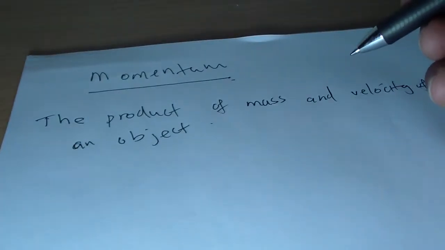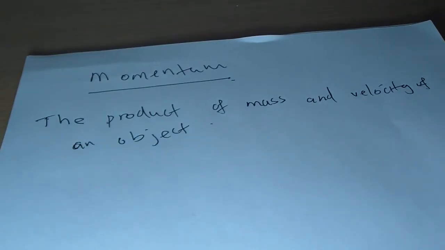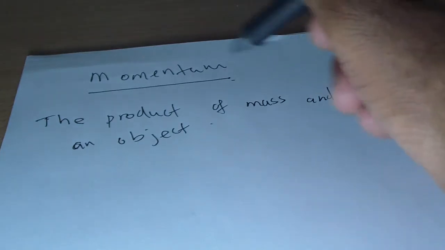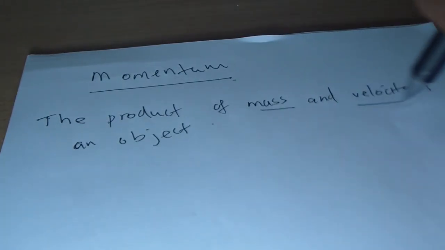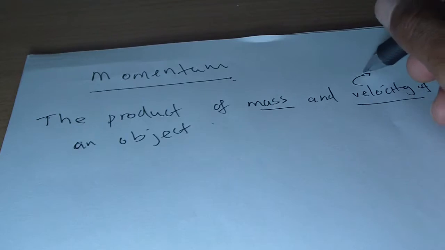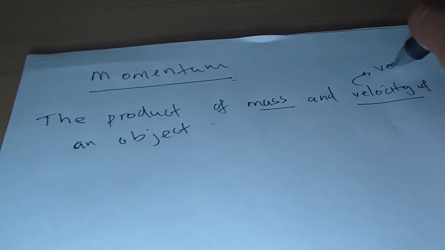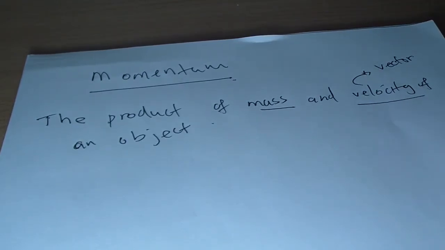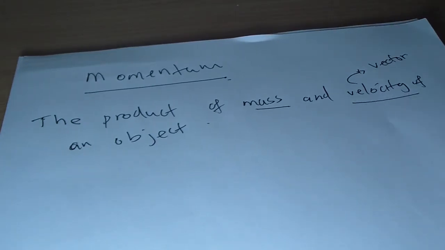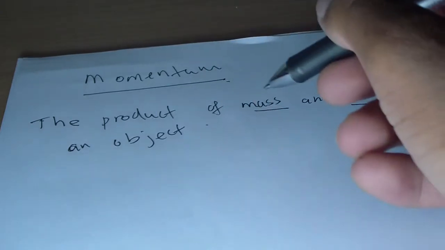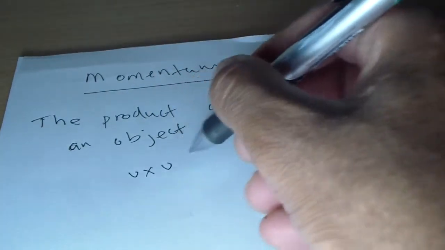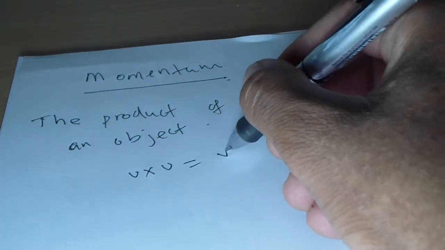So in physics, remember, these objects, we normally refer to them as bodies. Okay, so that's the very first thing we need to know. So it is the product of mass and velocity. But as we know, velocity is a vector quantity. From previous knowledge, which is grade 10 and 11, you know that if you multiply a vector times a vector, it will give you a vector.